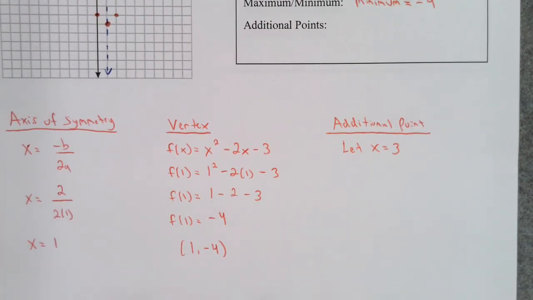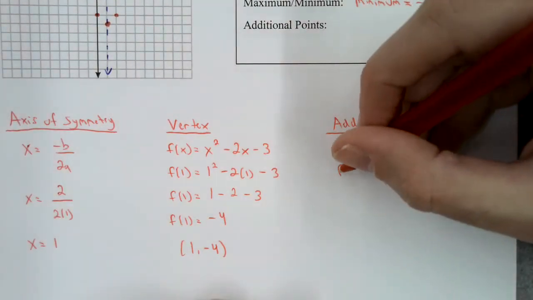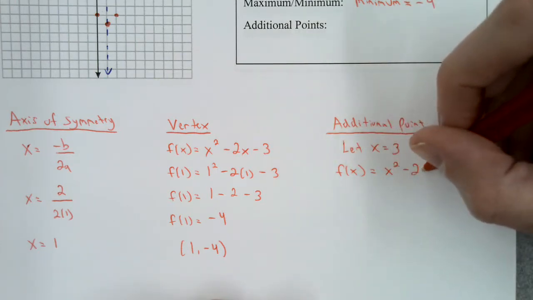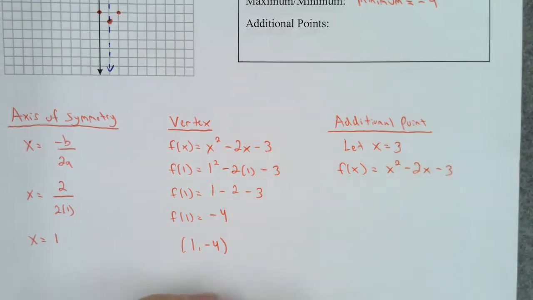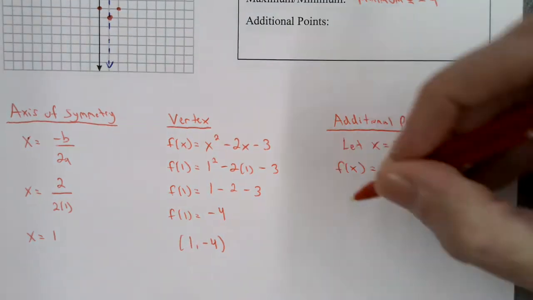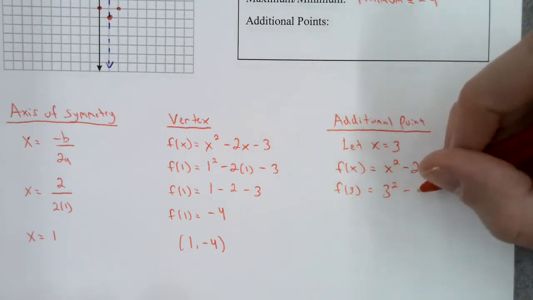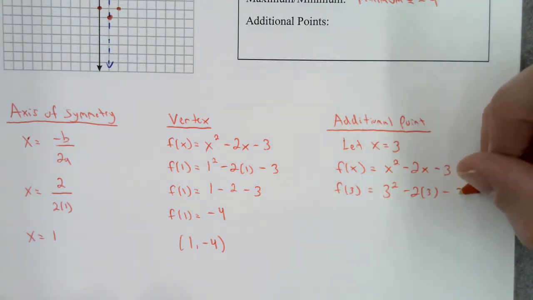And we're going to substitute that into the original function. So this is the original function we were given in the problem. I'm just recopying that down here. And I'm going to substitute 3 in for x. So I'll do 3 squared minus 2 times 3 minus 3.